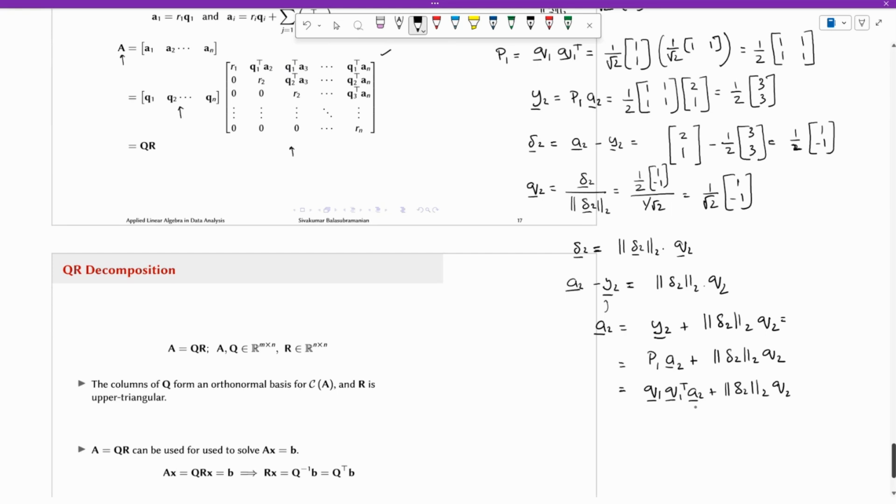Now, if you look at this, you can group these two. That's a scalar. That means you can bring it to the front. So I can write it as Q1 transpose A2 times Q1 plus.